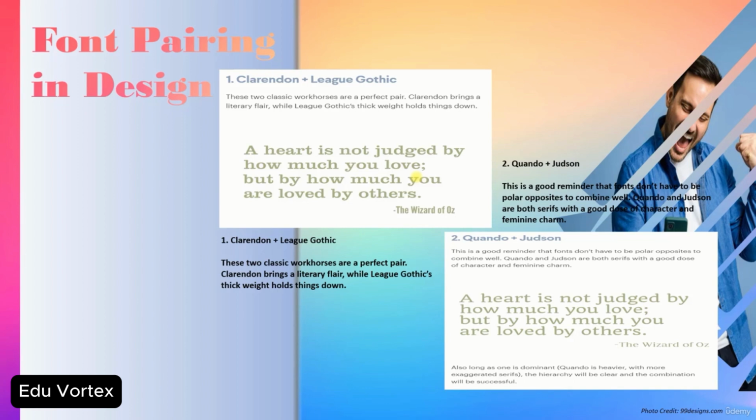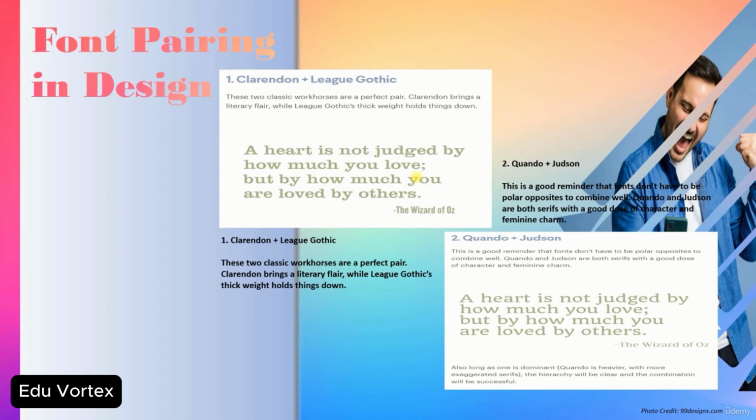Too, we have the Quando plus Jetson. So this is a good reminder that fonts don't have to be polar opposites to combine well. Quando and Jetson are both serifs with a good dose of character and feminine charm. So based on your design work, again, you can go for this combination.